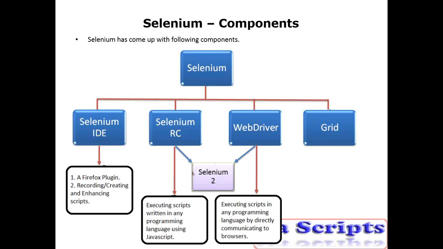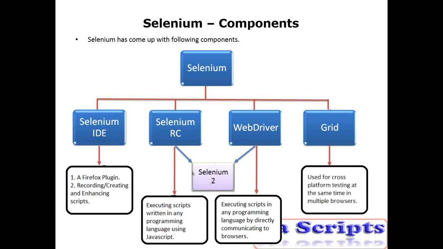But there are some disadvantages in case of WebDriver. We'll discuss later. Grid allows us to execute the script on multiple browsers. So it has a set of classes, a set of APIs, that allow us to execute one script on multiple browsers. Not only browsers, we can even execute on a remote machine as well.